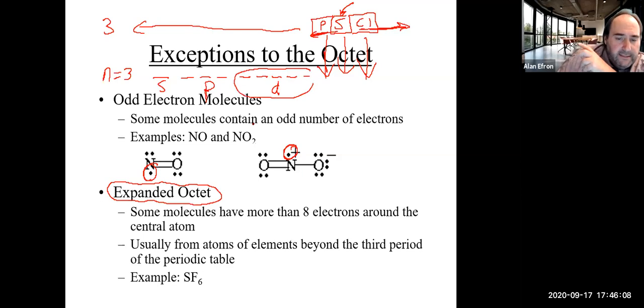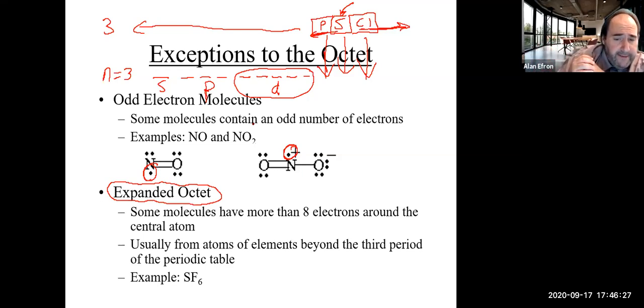Now, because these guys right around sulfur, and again to the right and left and down, have the d orbitals available to them, even if they're not using them, they have the ability to kind of stash all those extra electrons and go above 8 electrons.